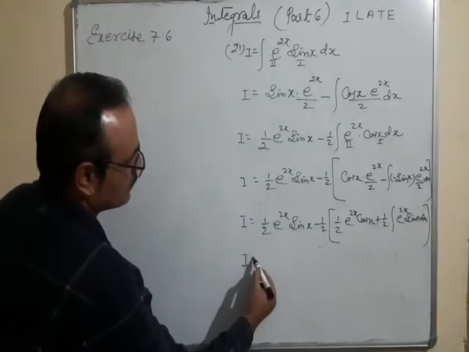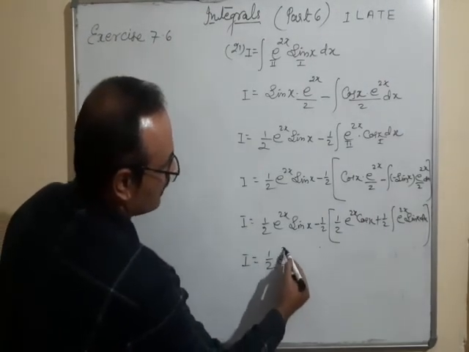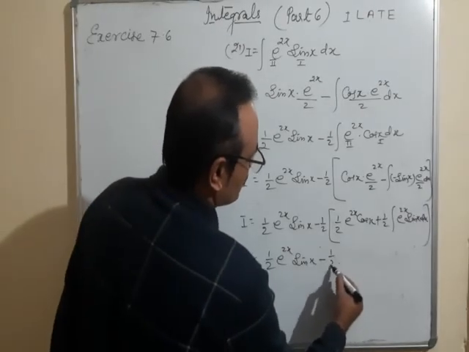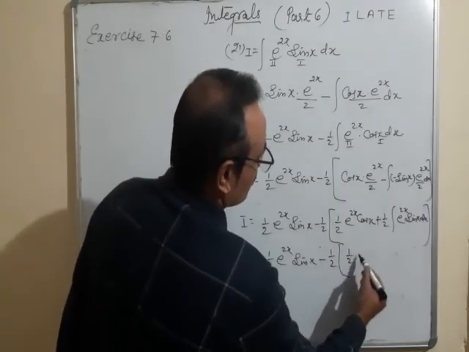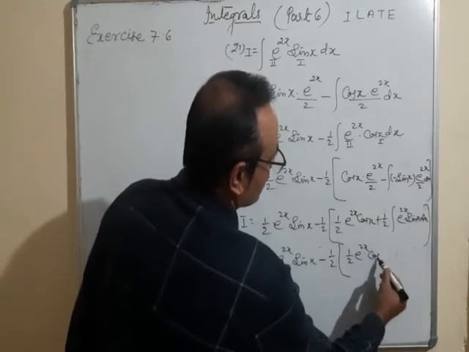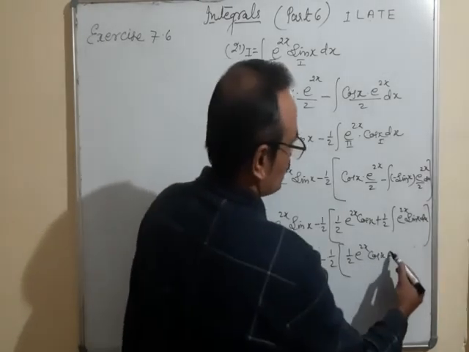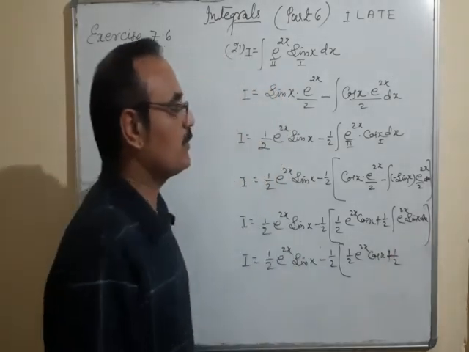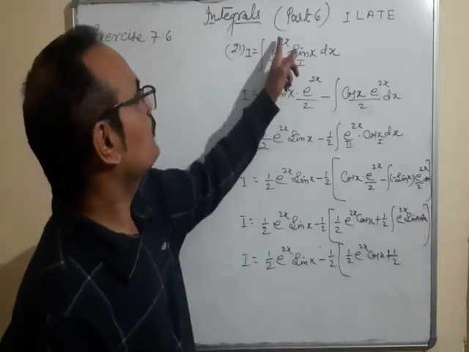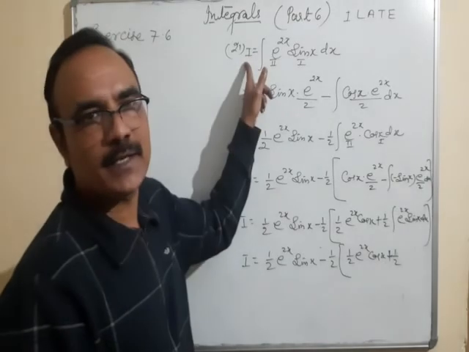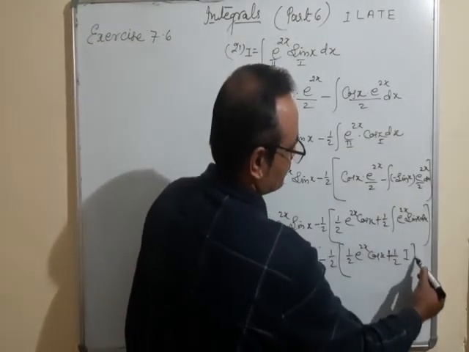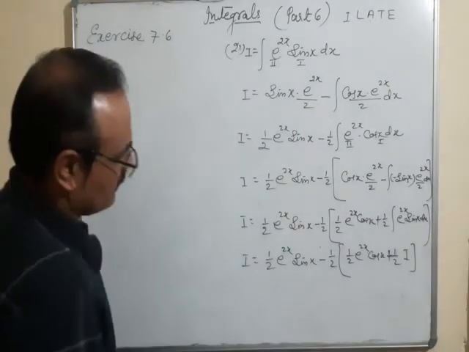I is equal to 1 upon 2 e to the power 2x sin x minus 1 upon 2 e to the power 2x cos x plus 1 upon 2, and this term, the integration of e to the power 2x sin x, is equal to what we have taken here, I. So this is replaced by I. Now what happens?